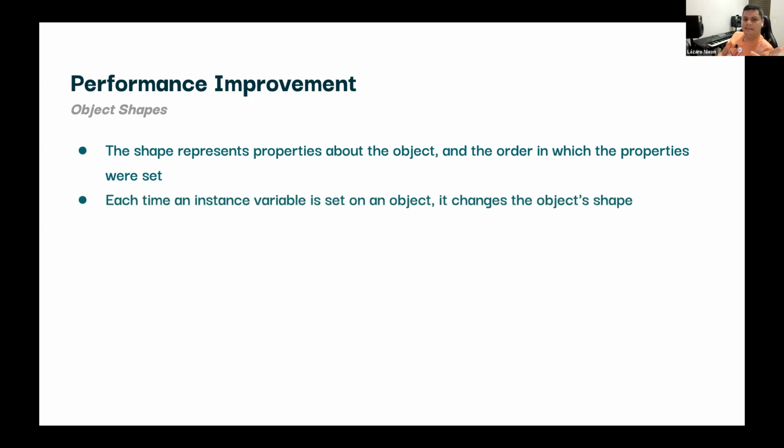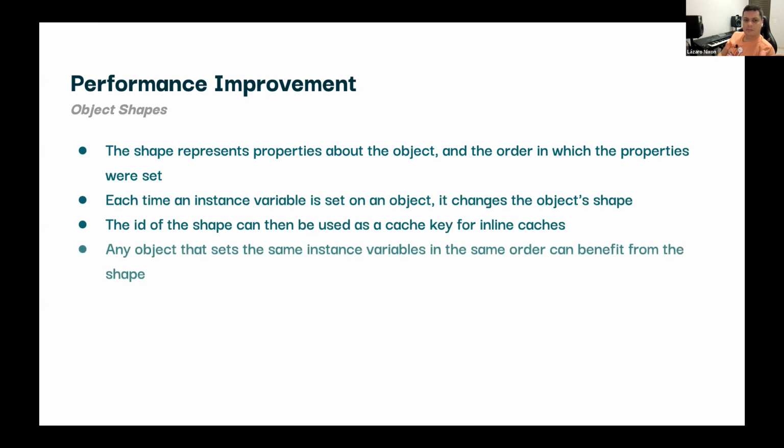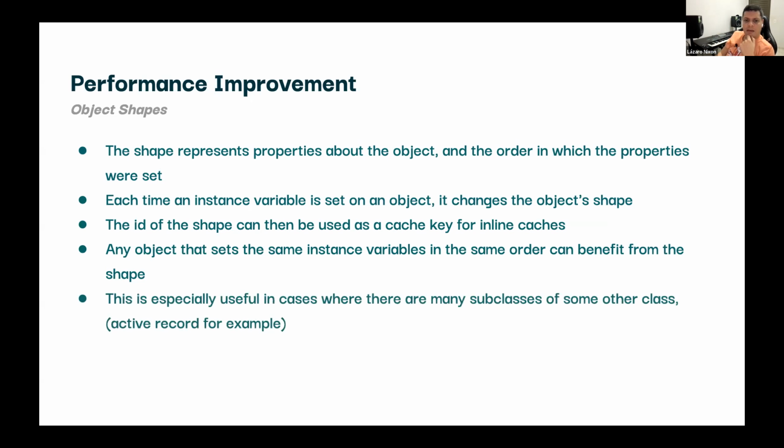Each time an instance variable is set on an object, it changes the object's shape. The idea of object shape can then be used as a cache key for inline caches. Any object that sets the same instance variables in the same order can benefit from the shape. So if you have the variables in a constructor in the same order, you have this performance gain.